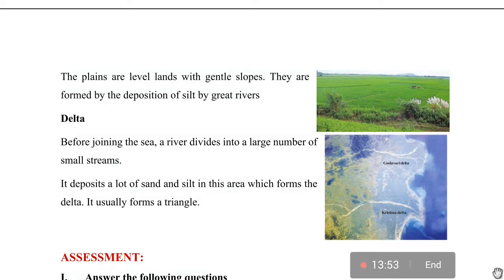Level land with gentle slope is called a plain. They are formed by deposition of silt by great rivers. How are these plains formed? The rivers bring silt and soil, and through that these plains are formed.